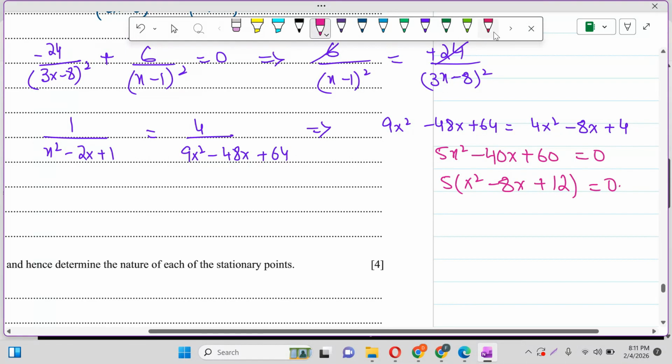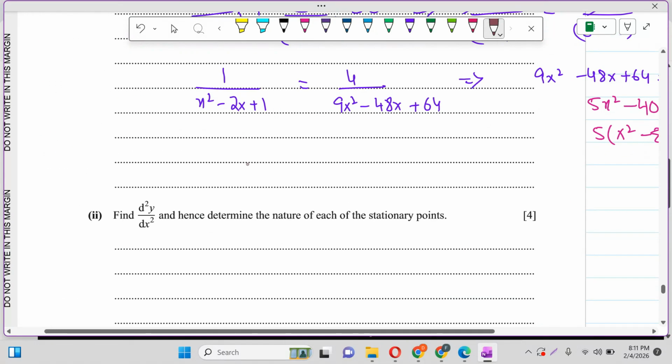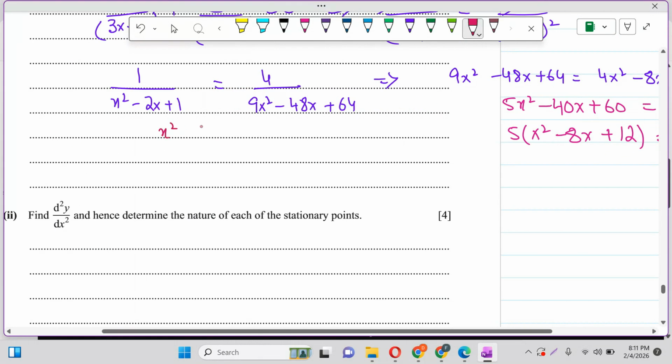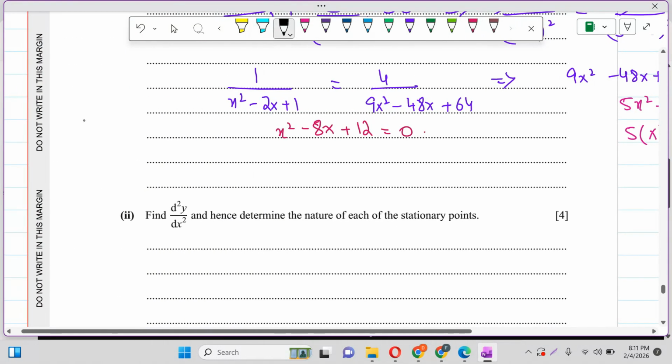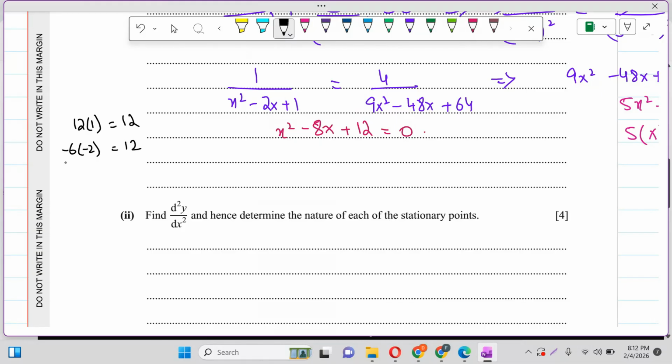So we have the quadratic equation x square minus 8x plus 12 equal to 0. This quadratic equation can be solved by factorization. For example, negative 12 times 1 is equal to 12, negative 6 times negative 2 is equal to 12, and when we add negative 6 plus negative 2, we will have negative 8.